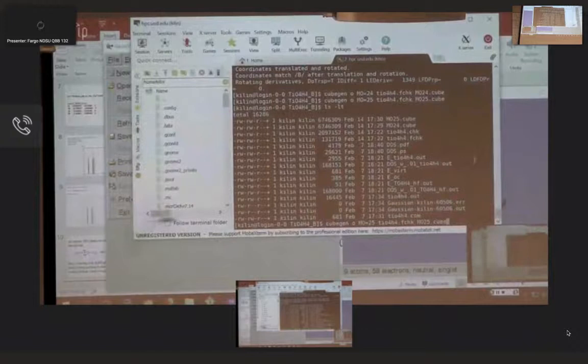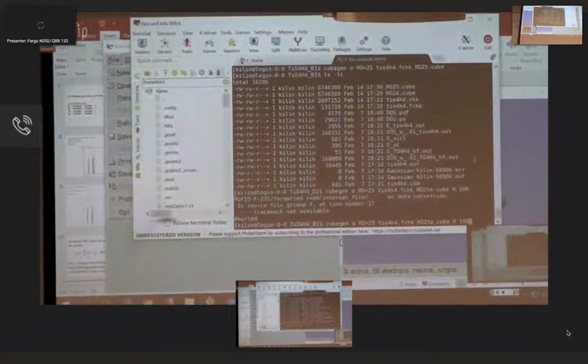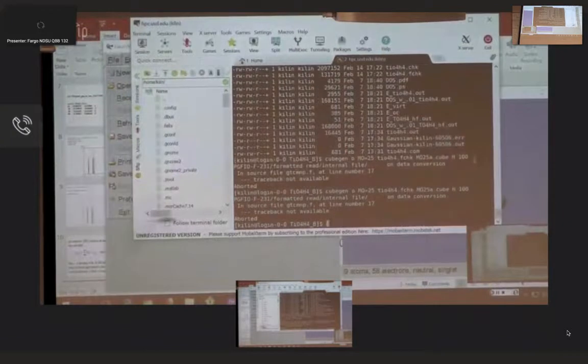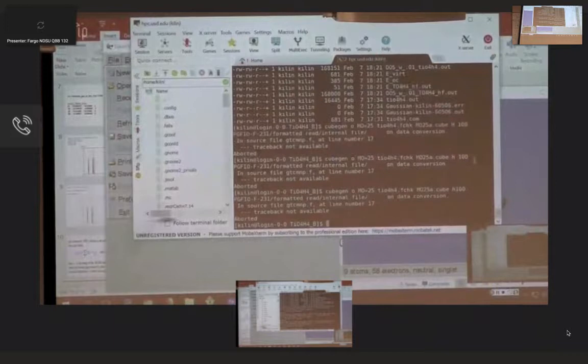Let's try to put like each 100 and see what would happen. I don't remember exactly. I would not tell it from the top of my head, but there should be a keyword specifying the number of grid points along each direction.